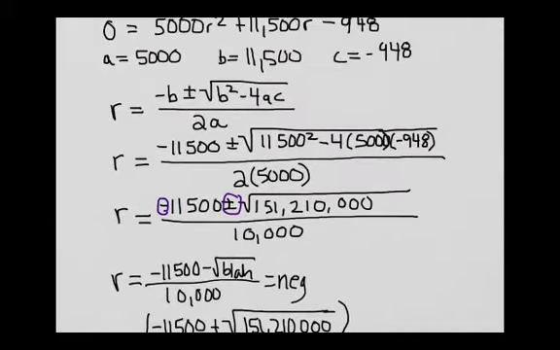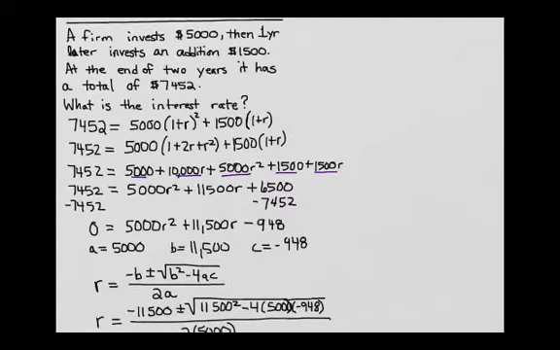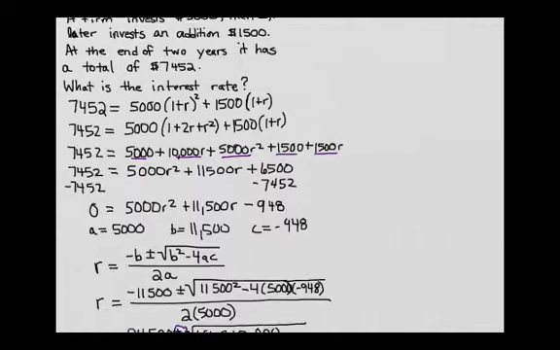So if the company is investing, the way it's described here, $5,000 for 2 years and then $1,500 for an additional 1 year, and has $7,452 at the end of that time period, then the interest rate that they're investing at is 8%. I hope you found this helpful.